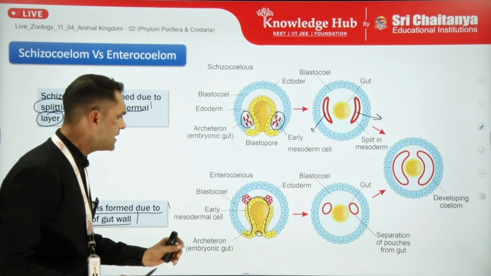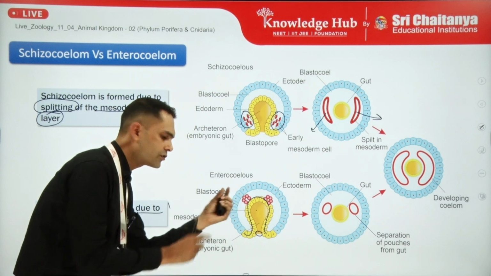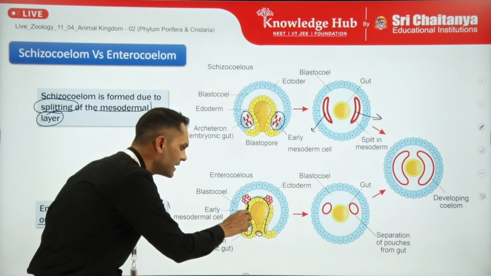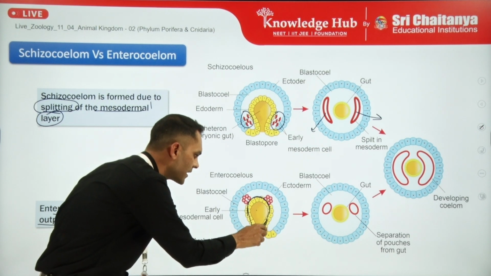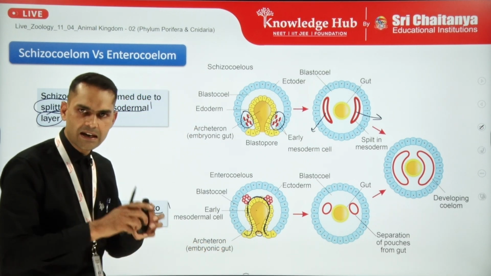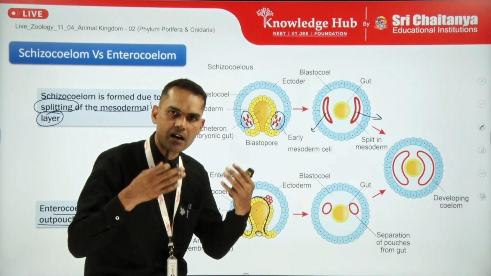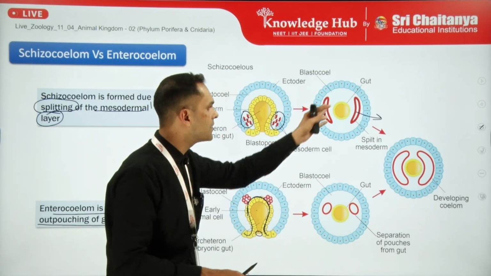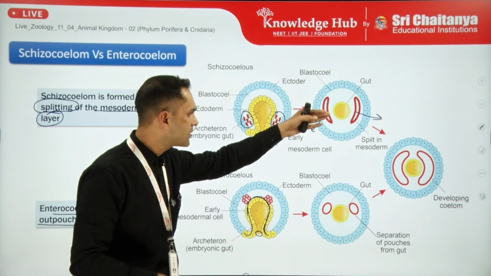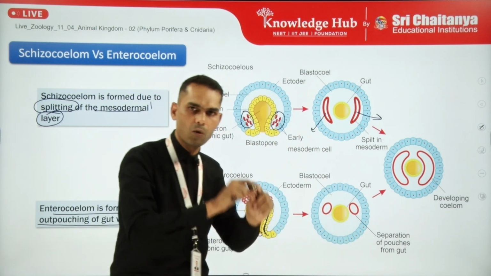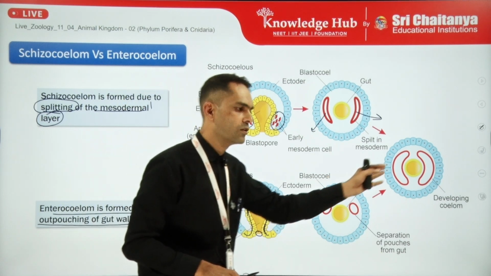We can see that small pouches of cells of the mesodermal origin originate in the gut layer only, and they get separated, and in them the coelom cavity starts to develop, and further, similar to the schizocoelom method, they will completely acquire sooner or later the whole cavity and will form the true coelom cavity.